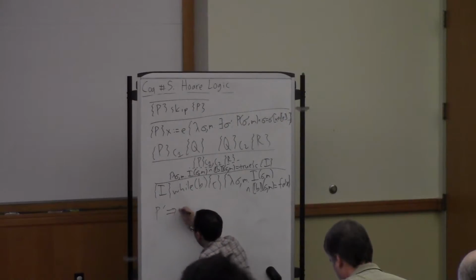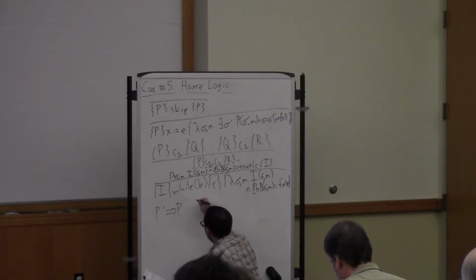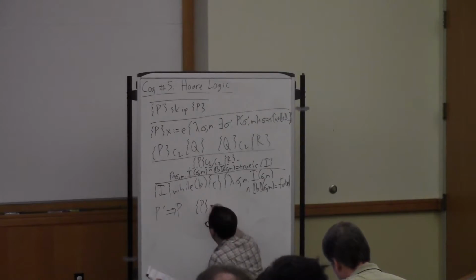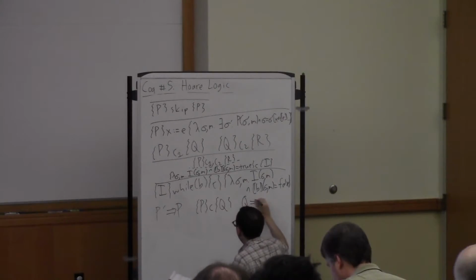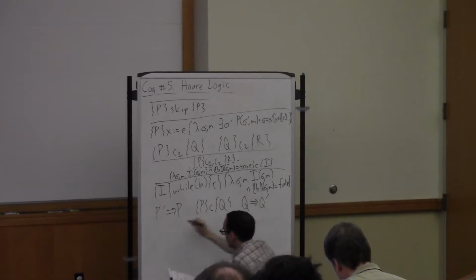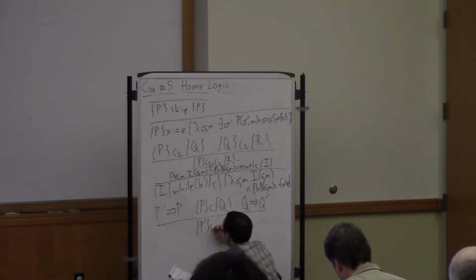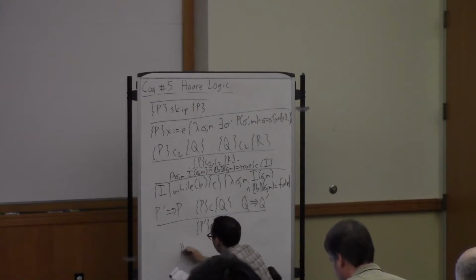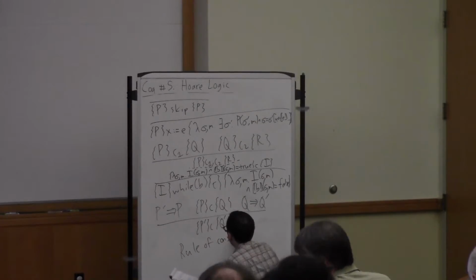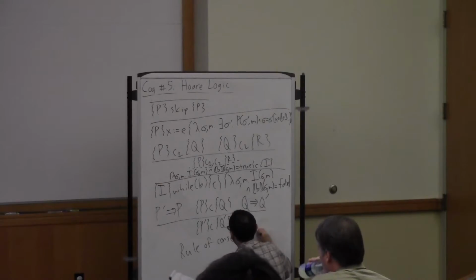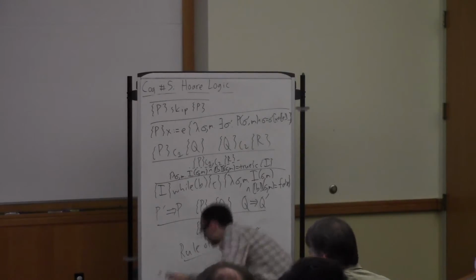So here's a rule called the rule of consequence. I'll write that in a moment. It lets us take a Hoare triple that we've proved and then derive another one in a black box way that doesn't depend on the way that the proof worked. So this is the rule of consequence.